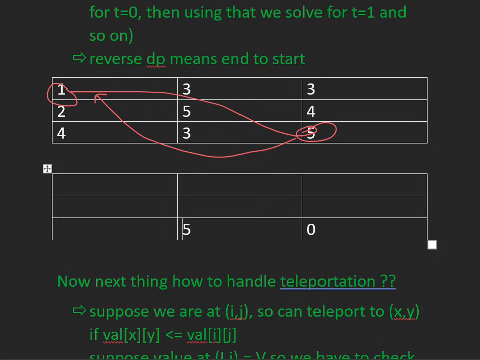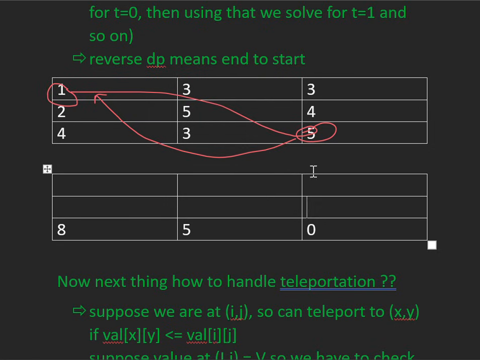For this cell 4, we are allowed two moves, either right or down. If we go to the right, the value is 3. So from this cell to this cell the value is 3, and the previous cost is 5. So 5 plus 3, 8.